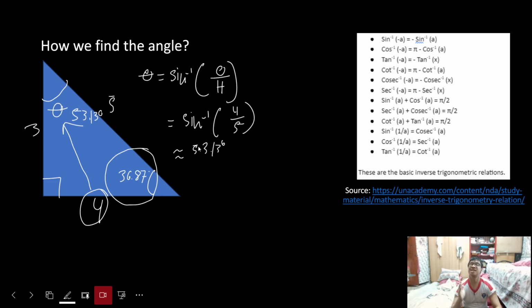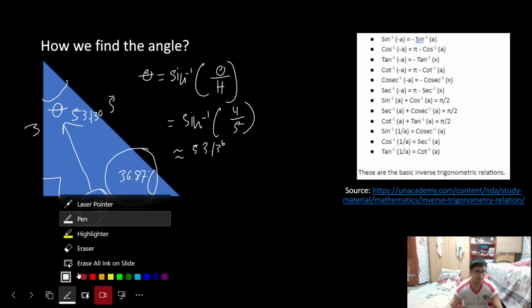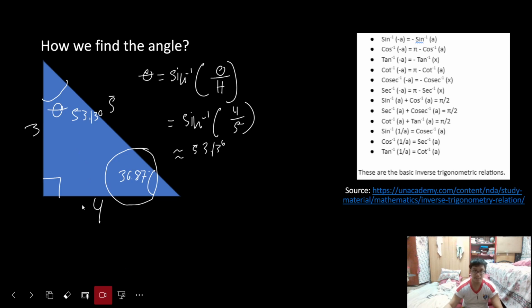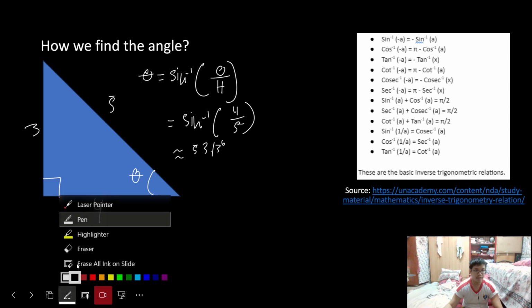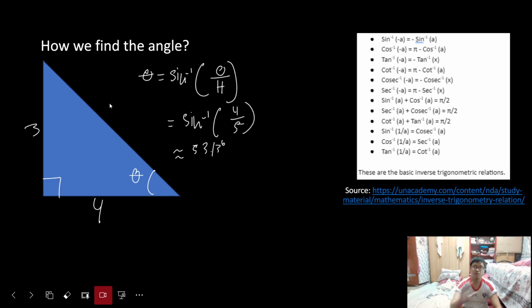But of course, it depends on the given problem of the right triangle. For example, let's say you have a right triangle and you have a given angle here, and your hypotenuse is missing.